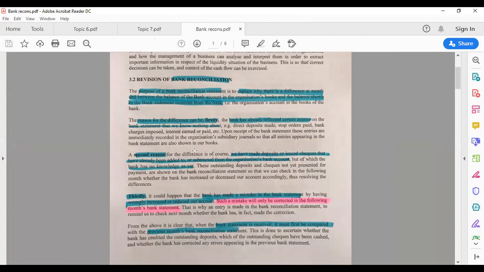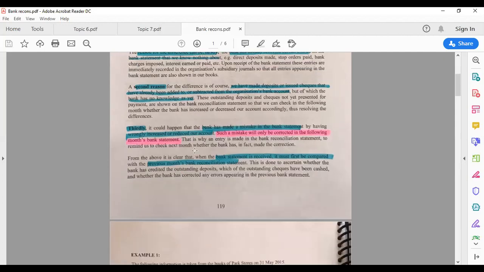Or the bank has deducted interest or bank charges and I haven't noticed yet, so I haven't brought that in. Or thirdly, the bank mistakenly credited or debited my account. So there are a few reasons for this.